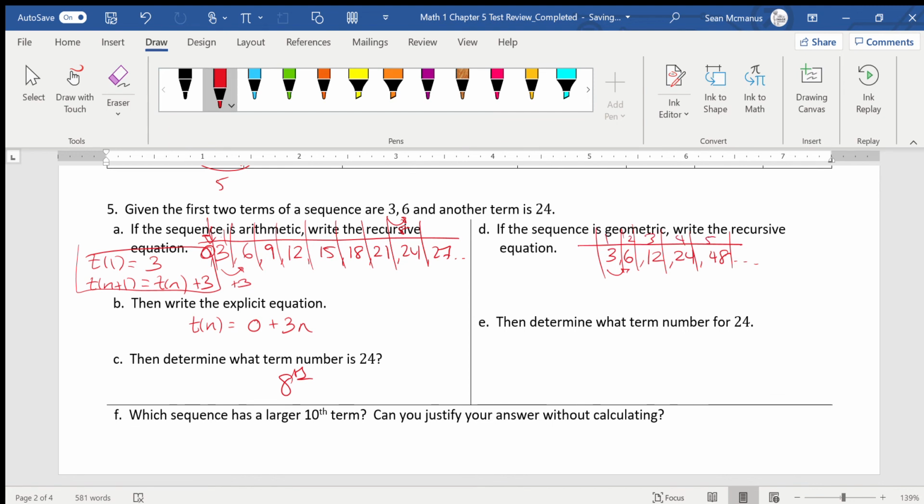So write the recursive equation. T of 1 was 3. And the next term is the current term times 2. Those two pieces. And then what term is 24? Well, it was 1, 2, 3, 4th term.